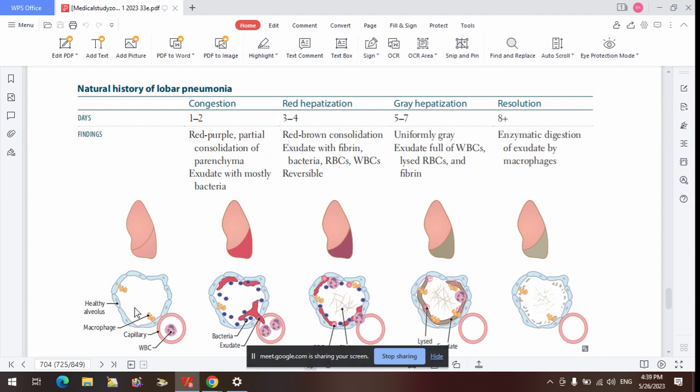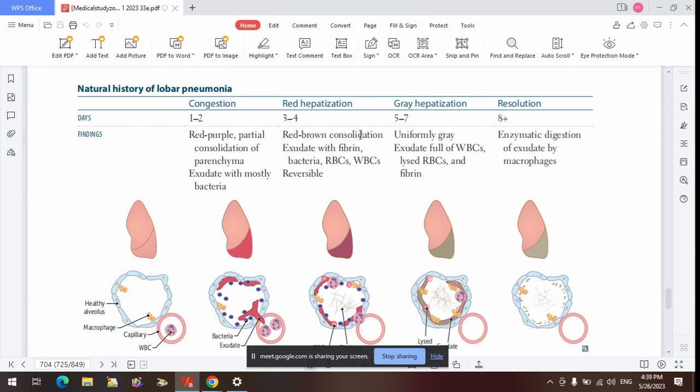We call it red hepatization because at this stage we have a lot of components forming the exudate. It's no longer entirely the bacteria. You have the red blood cells, the neutrophils, fibrin being deposited from the platelets, as well as the bacteria themselves. The lungs are now looking very solid, resembling how the liver looks. That's why they use the word hepatization. They look like liver tissue at that point.